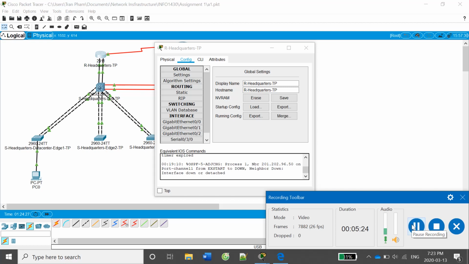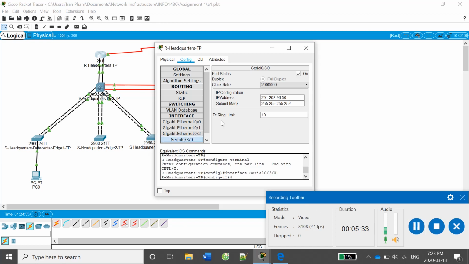Of course, I have to explain why I use this IP address for the headquarters router on this port. I use the IP address 201.202.96, then the last two digits of my student number, and 50. If I used 48, it would be the first address of the range, and the range has to be between 48 and 51.